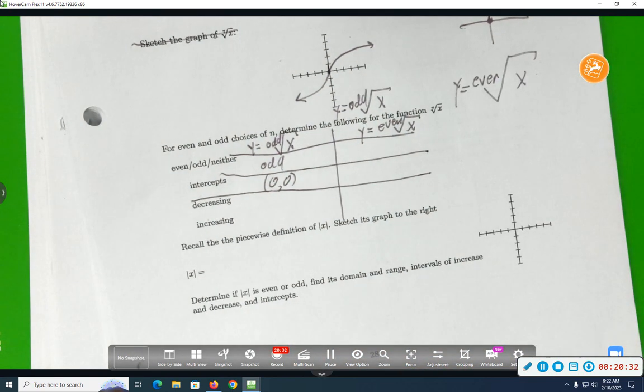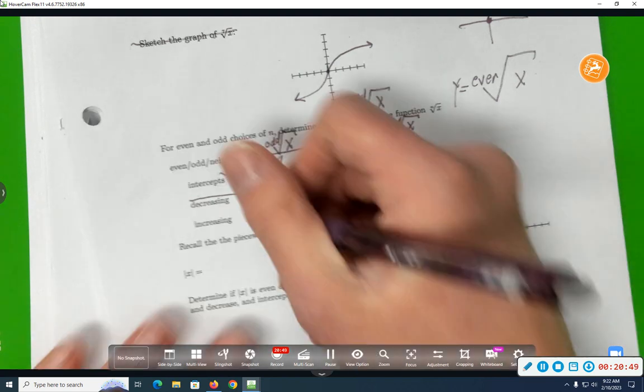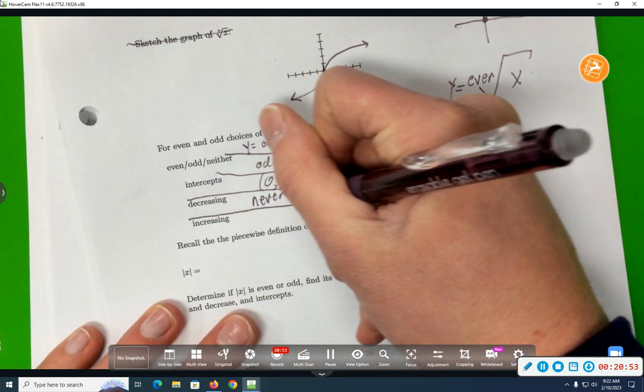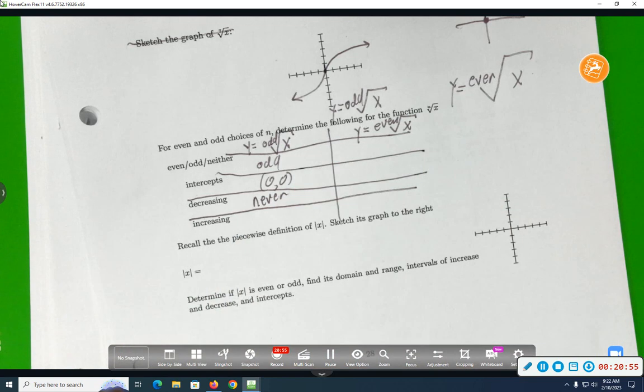Where are the odd root functions decreasing? Are they ever decreasing? And so where are they increasing?